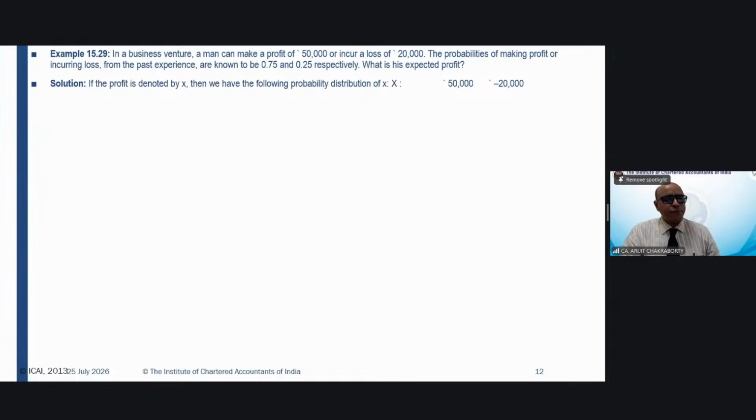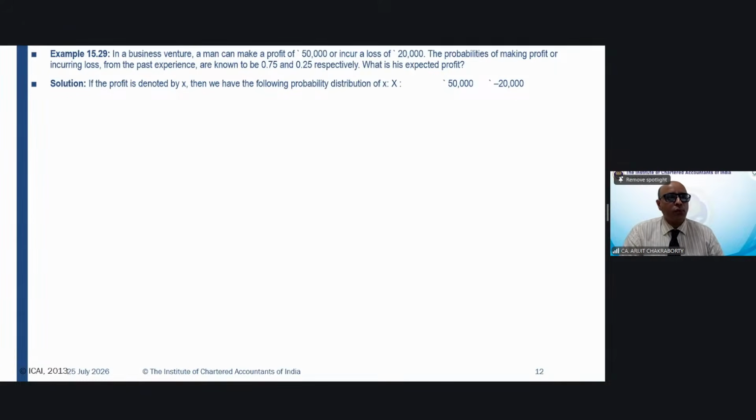The question is from the ICAI study material. It says that a business person is making a profit of 50,000, or he can get a loss of 20,000. And it further says that the probability of making profit or incurring loss is given by 0.75 and 0.25.